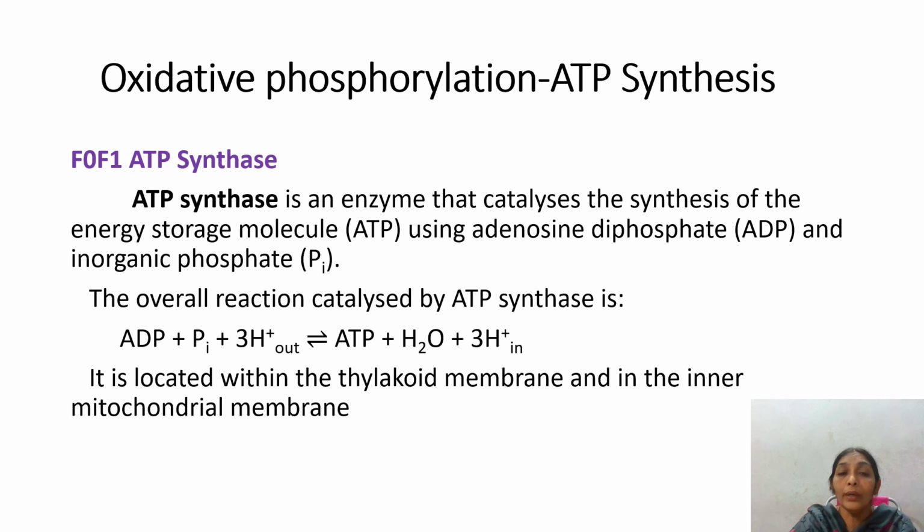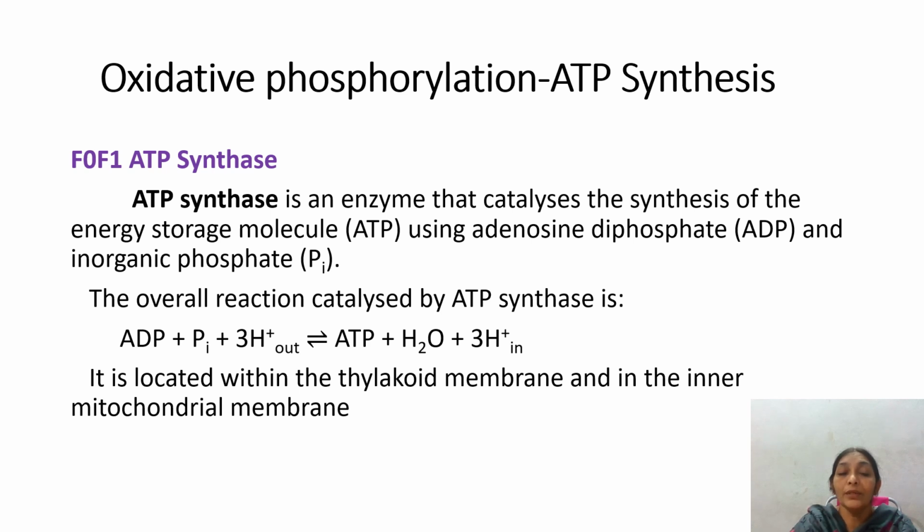Now you are going to learn how this electron transport chain is coupled to the synthesis of ATP by the process called oxidative phosphorylation. Before learning the mechanism of oxidative phosphorylation, first we will learn about the structure of F0 F1 ATP synthase.